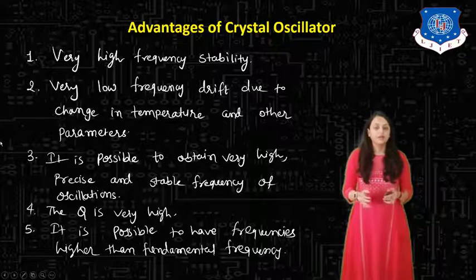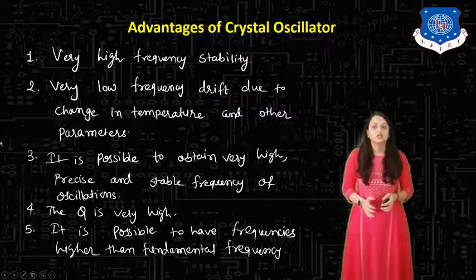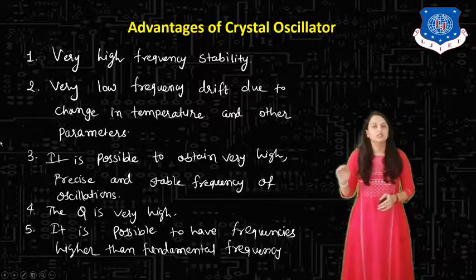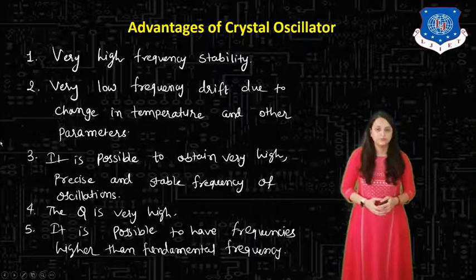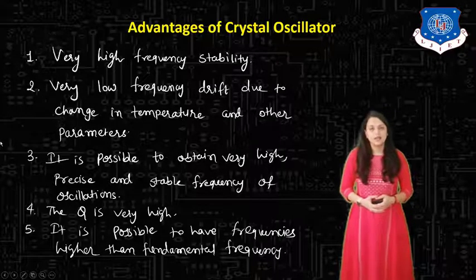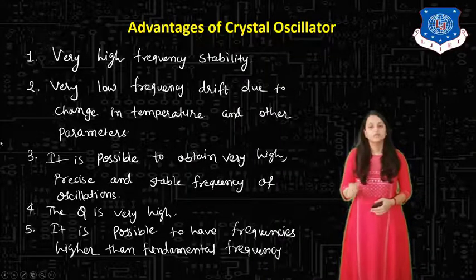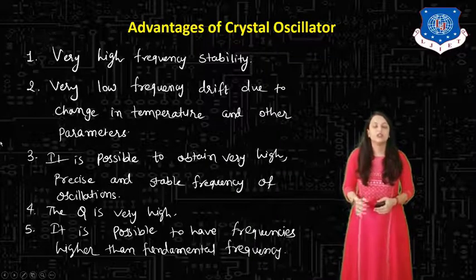That means the change in the output frequency is very small as compared to others. The third advantage is that it is possible to obtain a very high, precise and stable frequency of oscillations.